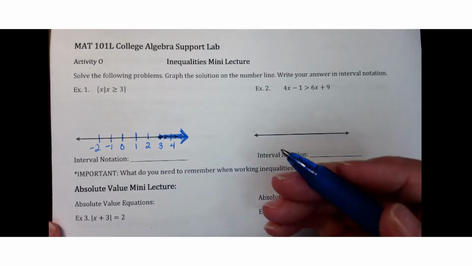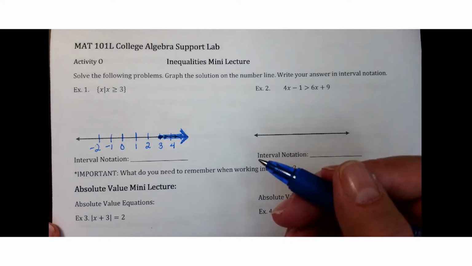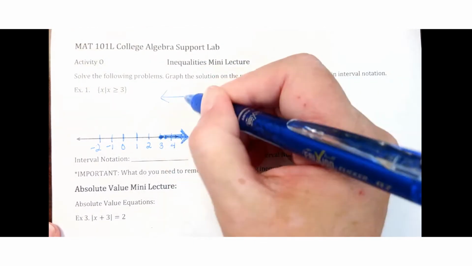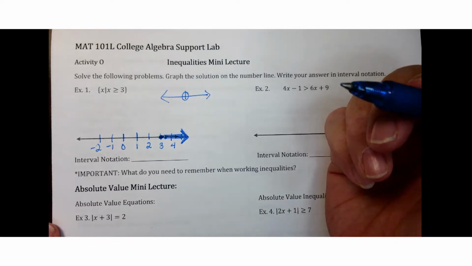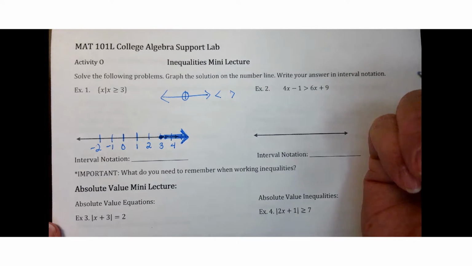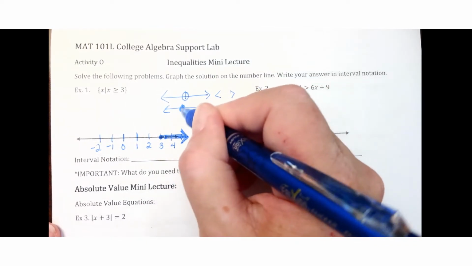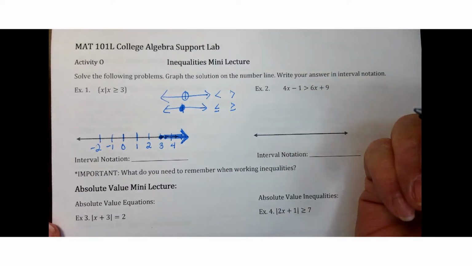Now, you may remember from high school or from another institution that in the past you may have put an open circle there on the graph to represent less than or greater than, and you may have put a closed circle to represent less than or equal to, greater than or equal to.